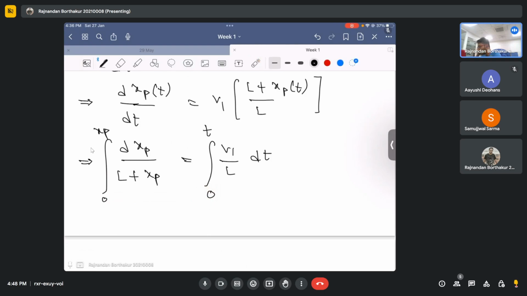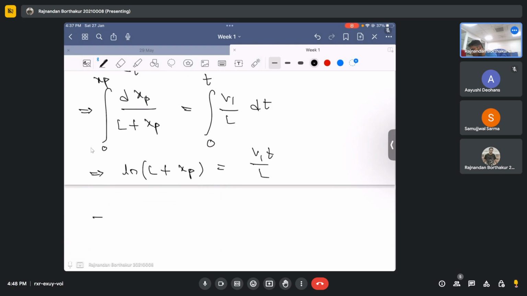So if you integrate it, you can very easily show that the integration on the left-hand side would be ln of (L plus xp), and the integration on the right would be just v1 t by L. This varies from 0 to xp, and this varies from 0 to t. You have to put the limits as well.